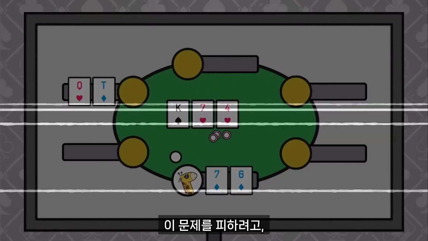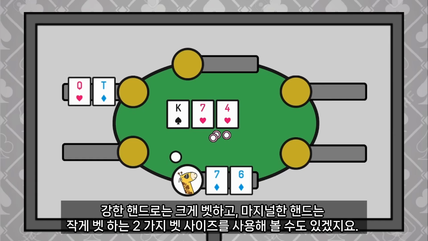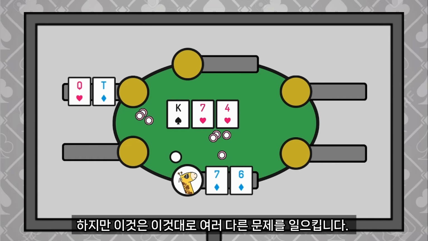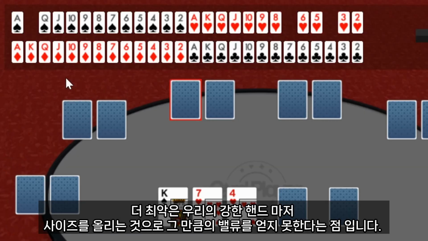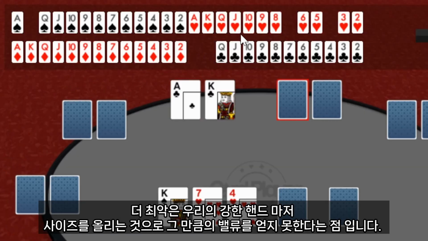To circumvent this problem, we could try having two different bet sizes, big with our strong hands and small with our marginal hands. But this leads to a different problem of its own, which is that our small bet range is too vulnerable to getting check-raised. To make matters worse, our strong hands themselves don't actually gain that much EV from sizing up.